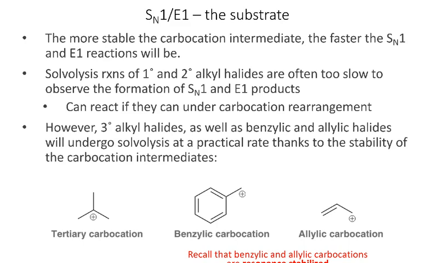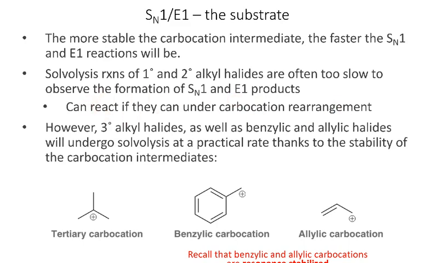Okay, so not only does the nature of the leaving group affect the rate of the SN1 and E1 reactions, but also the stability of the resulting carbocation intermediate affects the rate, right? Tertiary carbocations are going to result in the fastest reactions, and oftentimes in solvolysis reactions involving primary and secondary alkyl halides, the carbocation is too unstable, making the reaction too slow to observe. Of course, we did see earlier that they can undergo carbocation rearrangement, which may speed up and make those processes more likely.